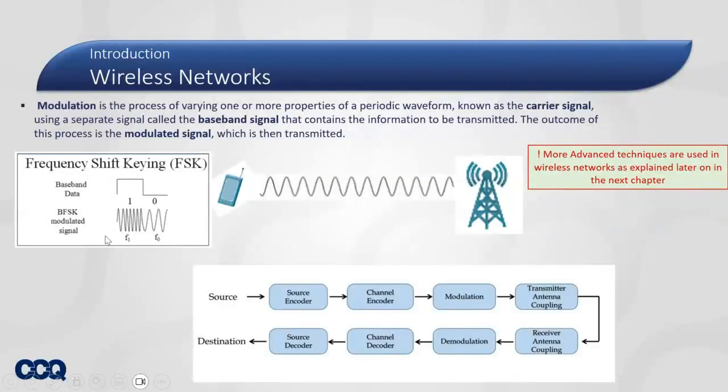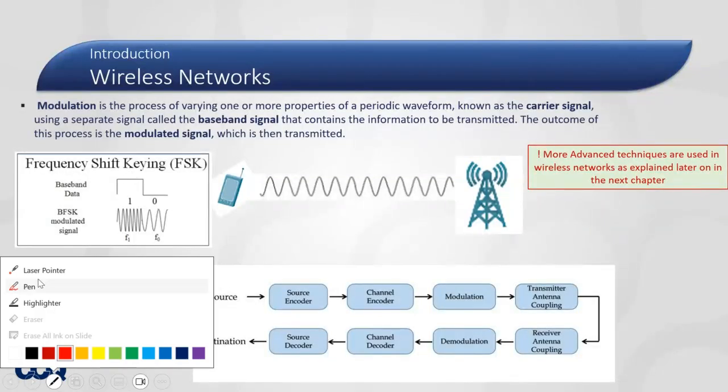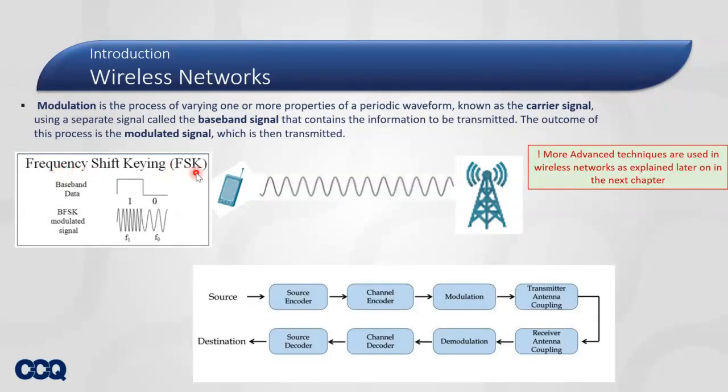And you can see here on the left, we use the modulation technique frequency shift key. For the baseband signal, we have 1 and 0 bits. For bit 1, I use the modulated signal with higher frequency, F1.